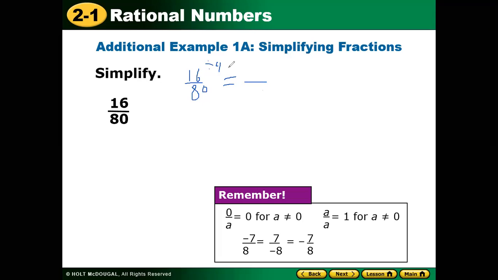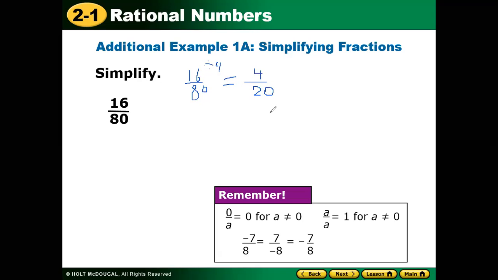The answer is 4 over 20. Yes. Miss, it's going to be the same answer, but with one more step. Exactly, we have one more step.